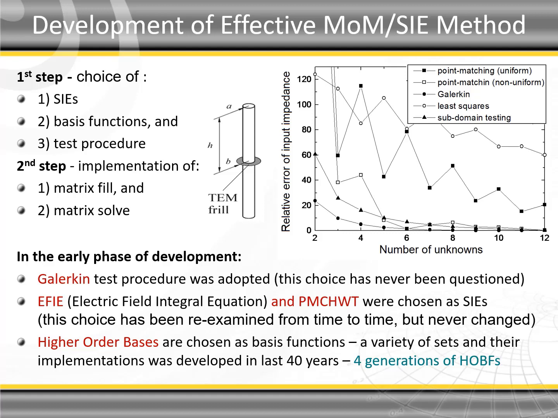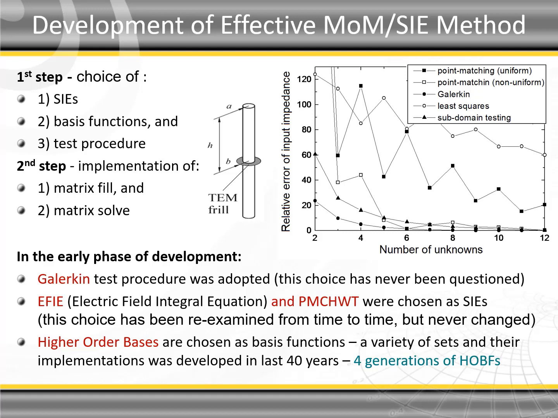of test procedure. In the second step, the 2 most demanding tasks are to evaluate the impedance integrals and solve the matrix equation. At an early stage of MOM-SIE development, we chose EFIE and PMCHWT as surface integral equations, high-order basis functions of polynomial type as basis functions, and the Galerkin method as test procedure. Later, the choice of test procedure has never been questioned.